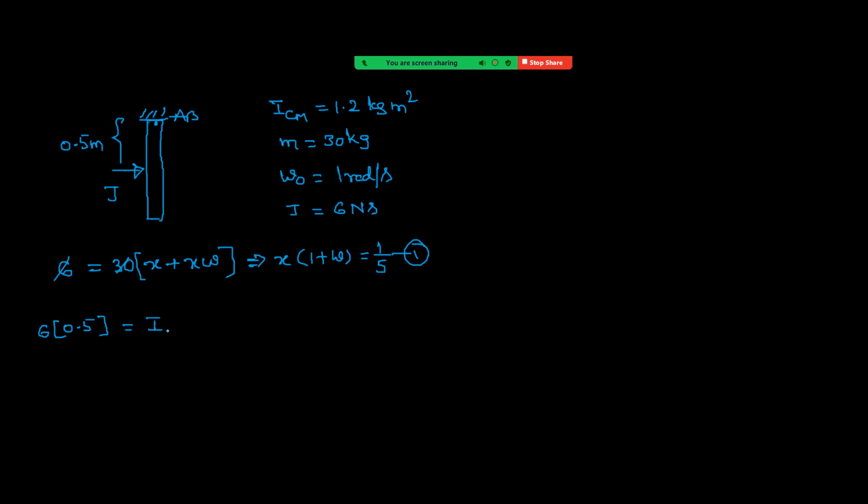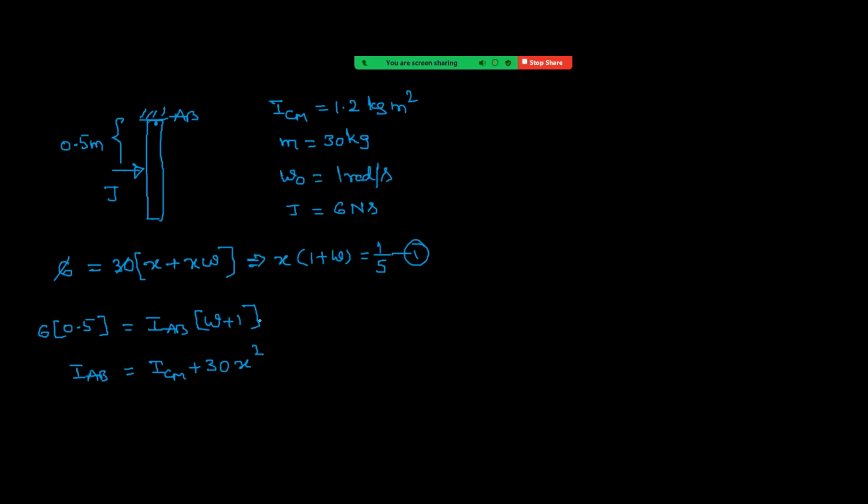So I_AB into the change in omega, initial value 1, final value omega. If initially clockwise, finally anti-clockwise, so it is omega plus 1. Now I_AB is equal to I_CM plus m into x square, the distance of the center of mass from AB.